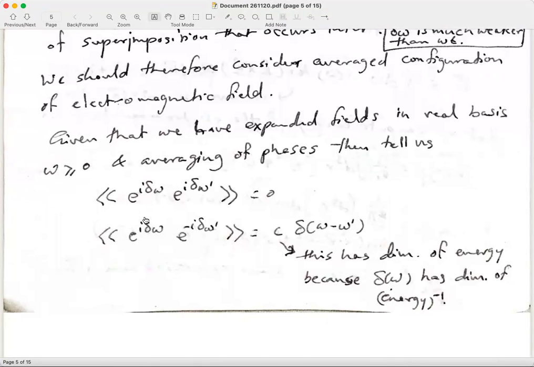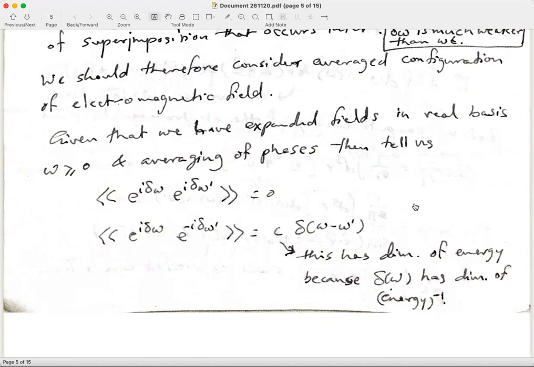Now, remember that these are just phases, so they are dimensionless quantities, whereas delta of omega has dimension of inverse energy. How do we know that? We know that because of the property of the delta function: delta of A x is 1 over mod A times delta of x. That means whatever is the argument of the delta function, its dimension is the opposite of the dimension of the argument.